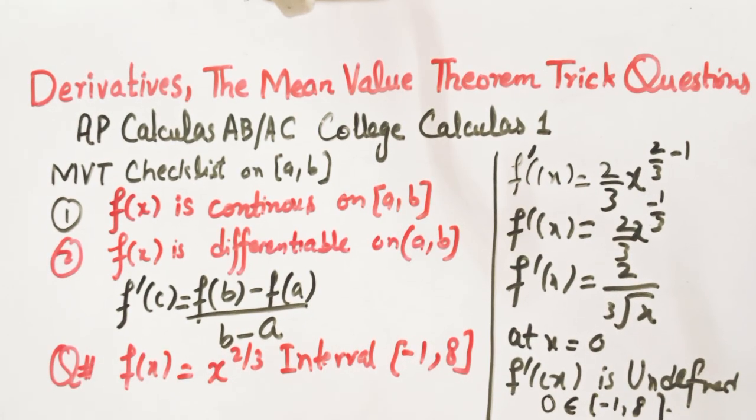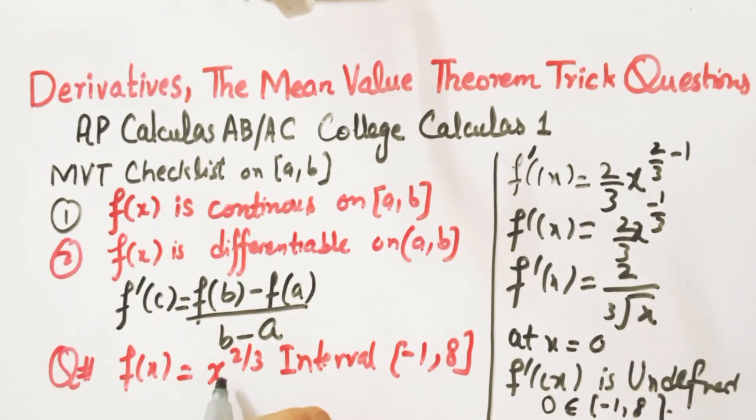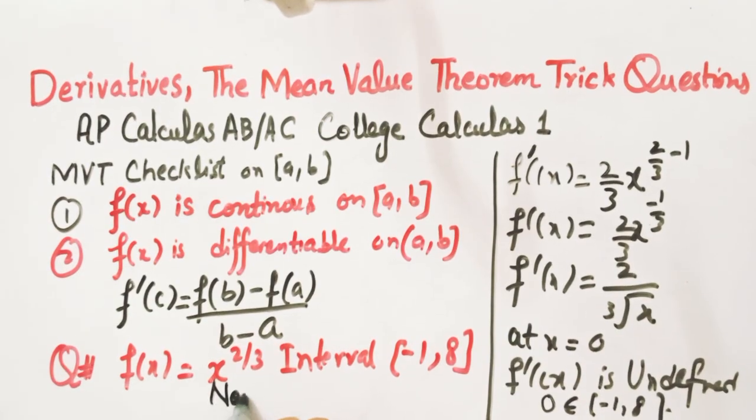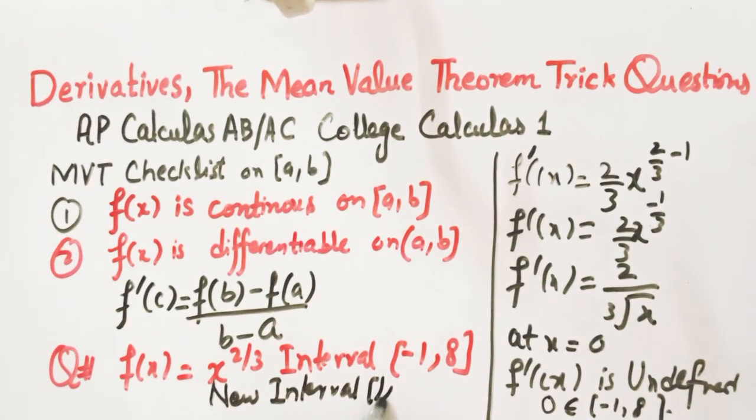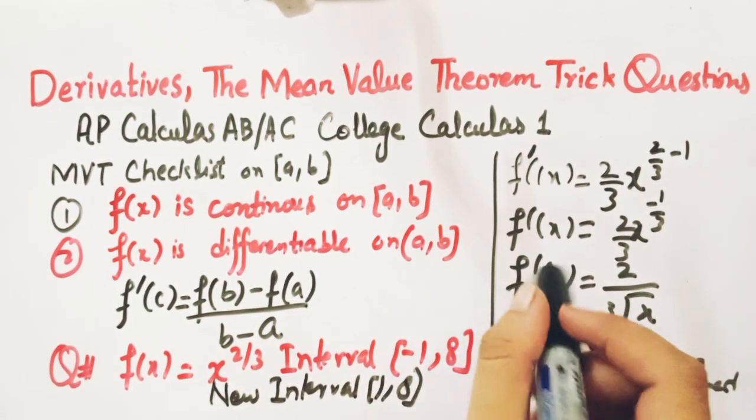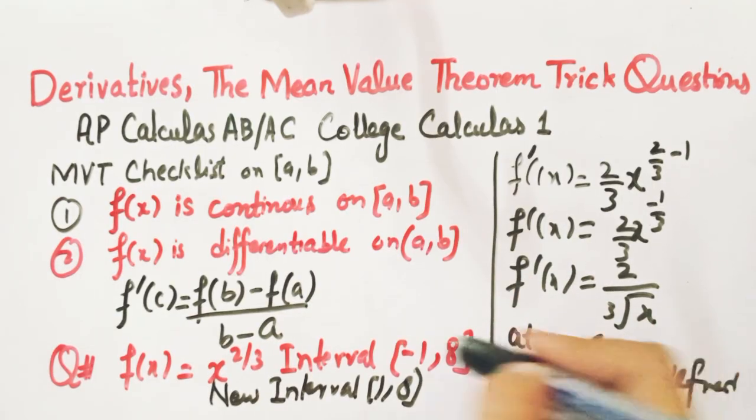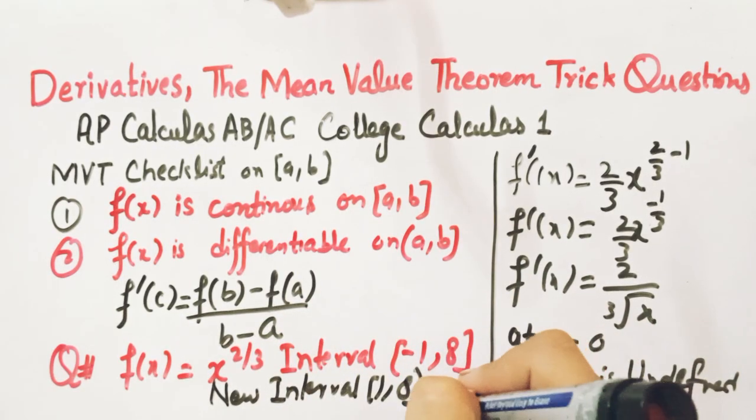Now the new interval will be 1 and 8. We have to change this and give the new interval. What will be the value of the new interval? That is 1 to 8. Now what if the professor gives you the exact same function but changes the interval to positive 1 to positive 8?